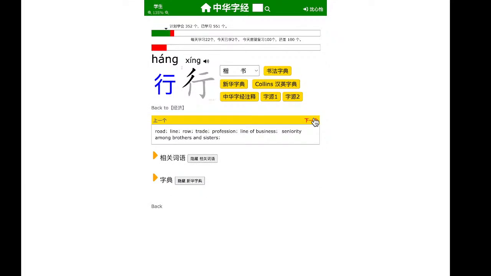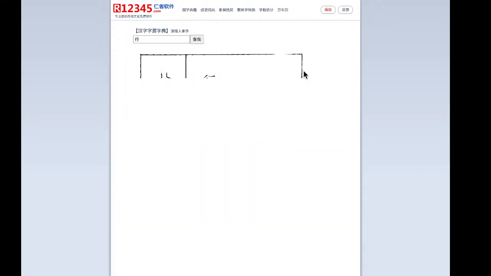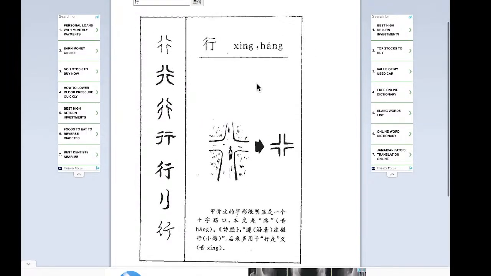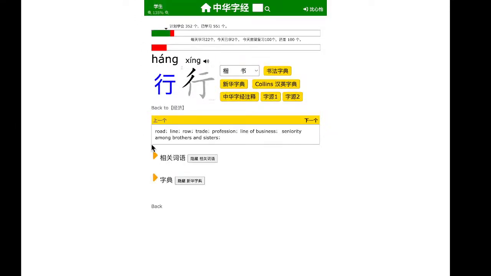This is hang. Originally, this is just a drawing of an intersection between roads. So it refers to the road or a profession or line of business.